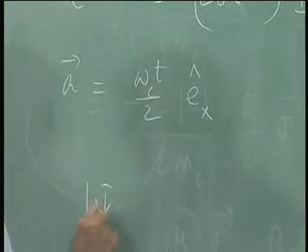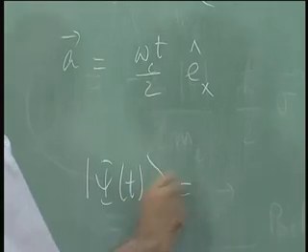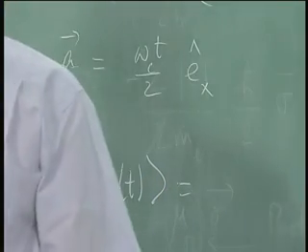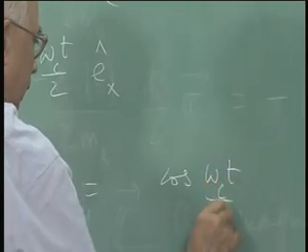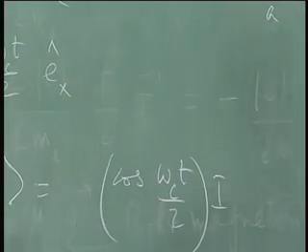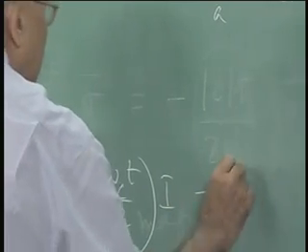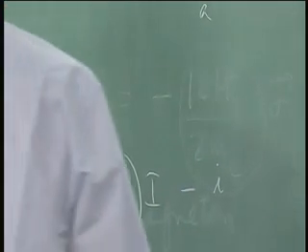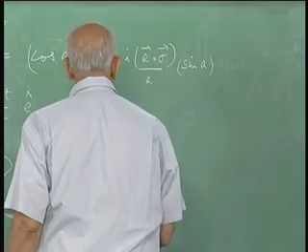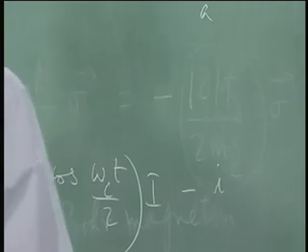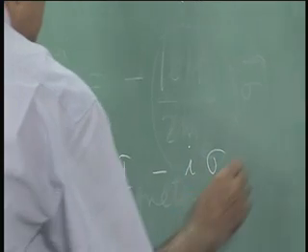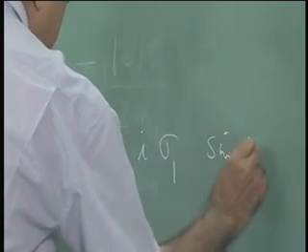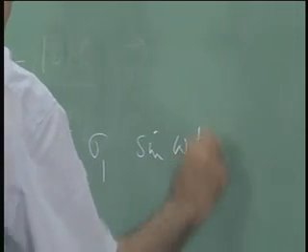So psi of t is equal to cos omega c t over 2 times the identity, minus i, a dot sigma, this a cancels, sigma 1 sine omega c t over 2.